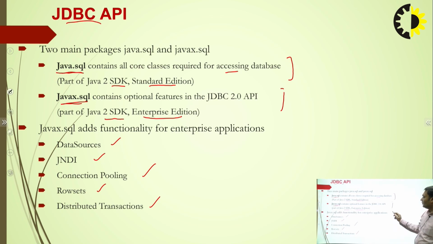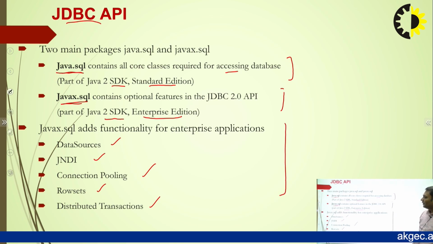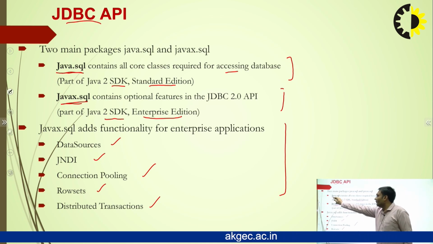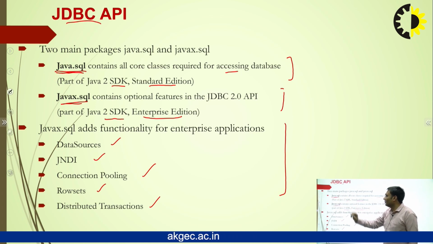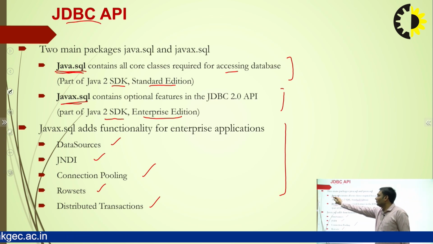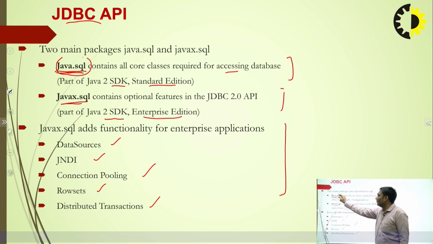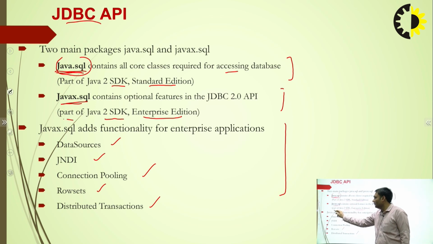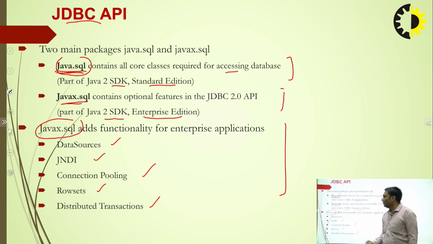So these are the additional functionalities that javax.sql provides us. Otherwise, we will use only the java.sql package. Major work will be done through this package only. If we want to do some additional things, then we can include the other package.